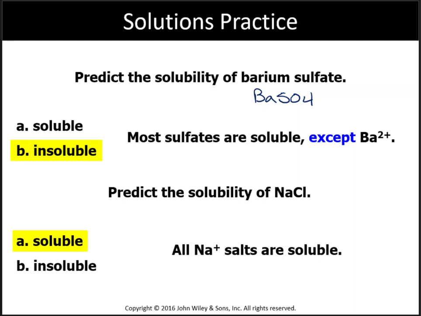Also keep in mind that in this class in general chemistry, we look at the solubility only in water. We're looking at only aqueous solutions where the solvent is water. It doesn't mean that water is a universal solvent. In general chemistry we focus on aqueous solutions, but keep in mind that there are other substances that could be used as a solvent.